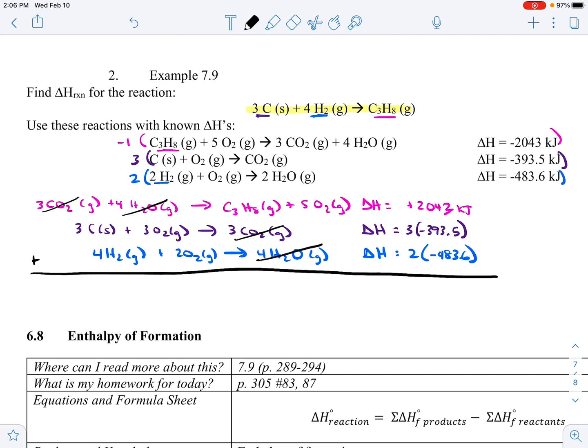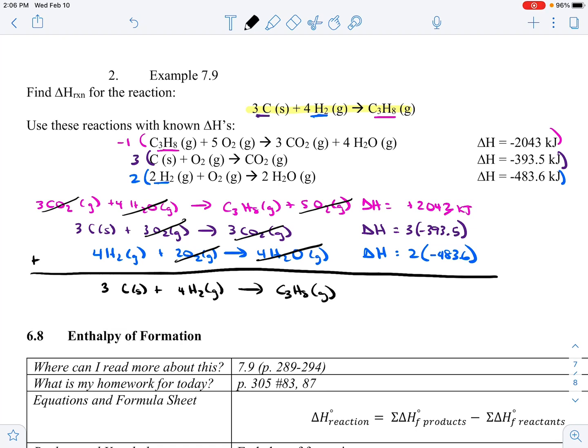With O2s, I have 5 total on one side, 3 there and 2 there, so that cancels out. What I'm left with is hopefully 3 C solids plus 4 H2 gases gives me C3H8 gas. Is that what I was supposed to get? Yes, it is. So now I can do my math here.